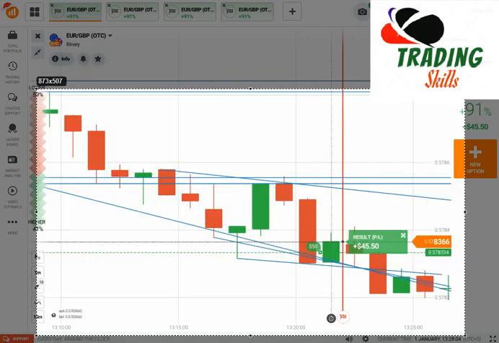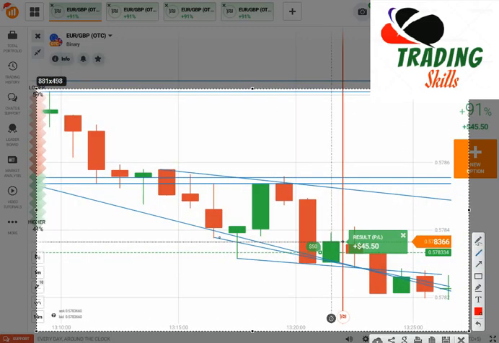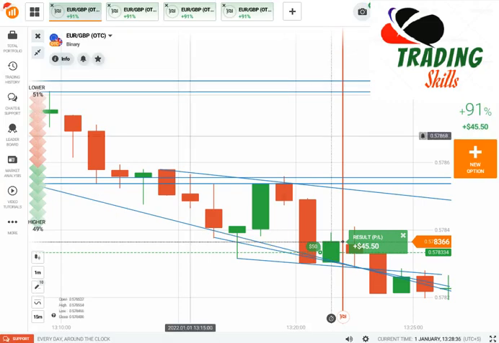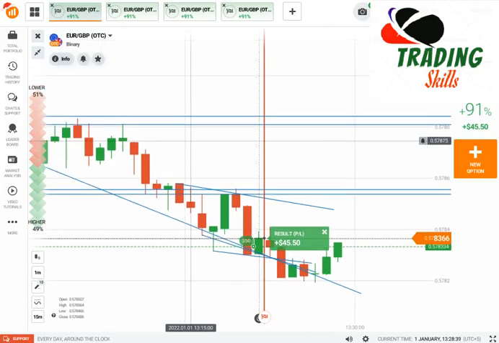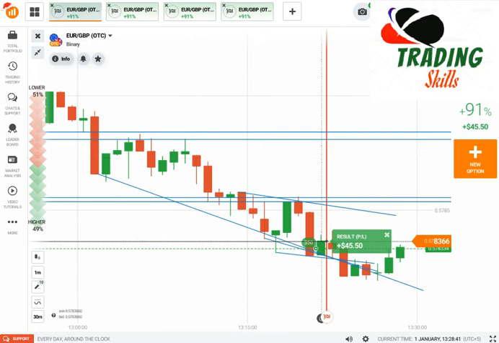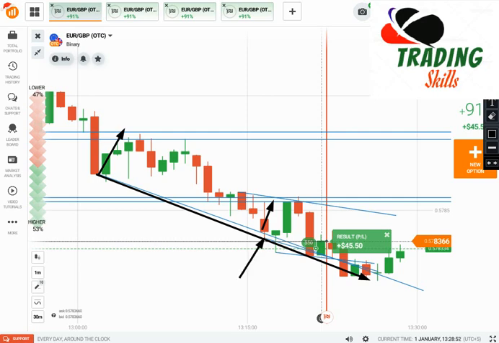If you analyze the market here, you can see I have drawn this trend line from this point to this point. Now I've also connected it with the rejection of the buyers.